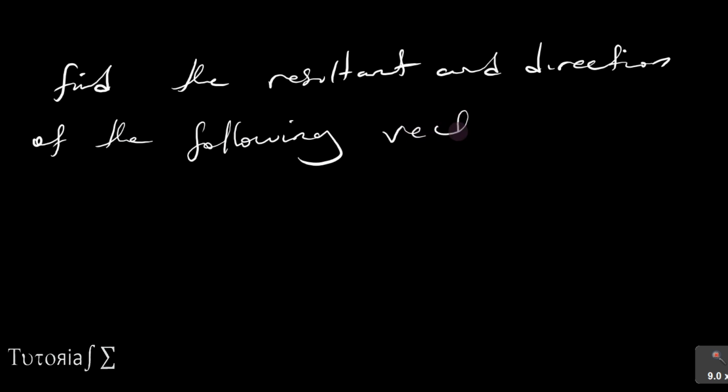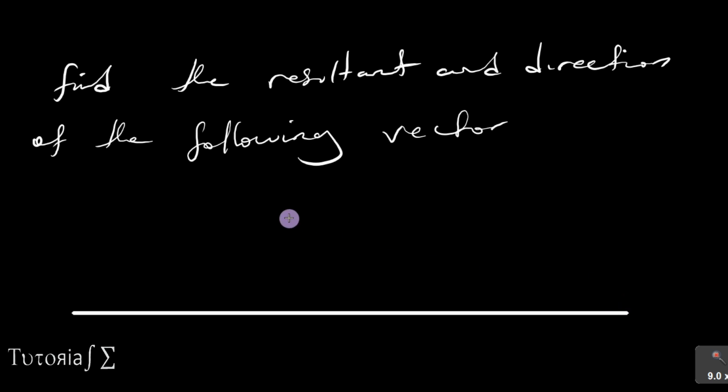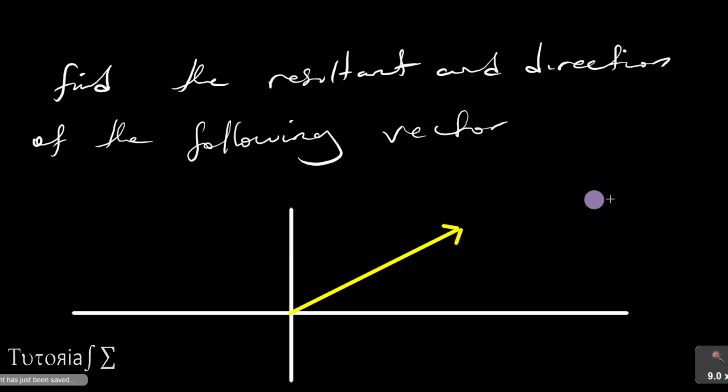I'm going to have my XY plane there. Then I'm going to have my vector in yellow, just say from here, like that. So that is my vector.